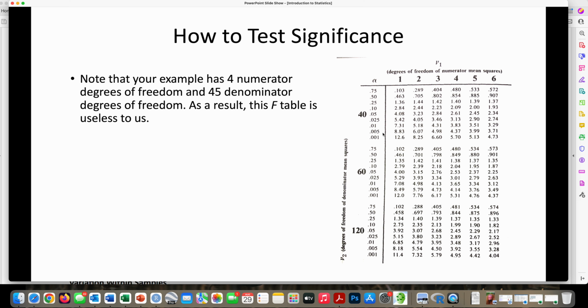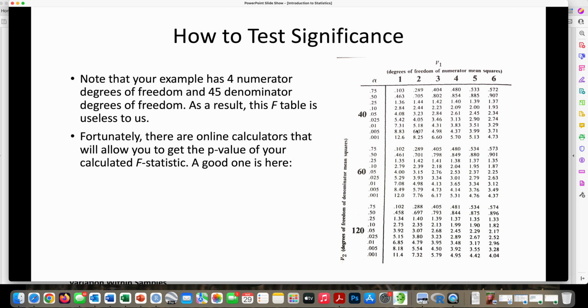Because this table starts jumping in bigger steps as you get bigger sample sizes, it is of no use to you. But you can go to a statistical calculator, plug in the degrees of freedom and the F statistic that you get, and find out what the p-value is for your test.